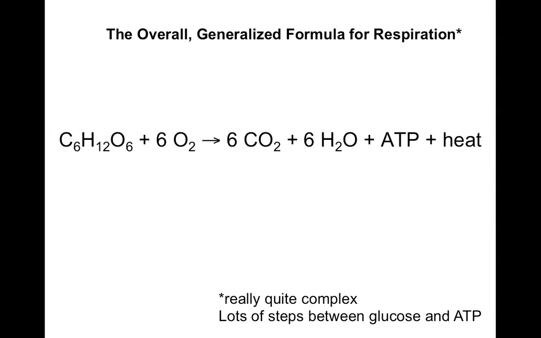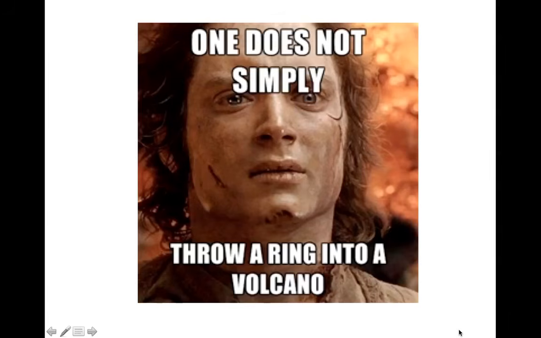And while we can say, well, this is the formula for respiration, we're going to find out that it's really quite a complex process, and that there's a lot of steps that occur between just burning glucose and producing ATP. Just like in The Lord of the Rings, we could summarize the entire story with Frodo throws a ring into a volcano.